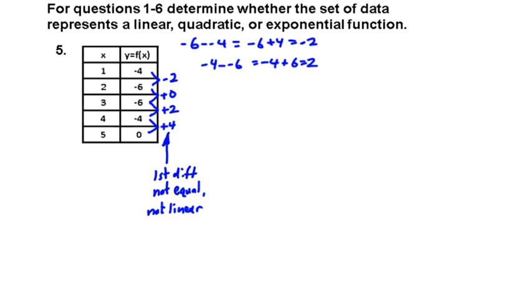Next, we're going to do as we did similarly in 1 and 3 and take our second differences. 0 minus negative 2 is going to be plus 2. 2 minus 0 is plus 2. And 4 minus 2 is plus 2.